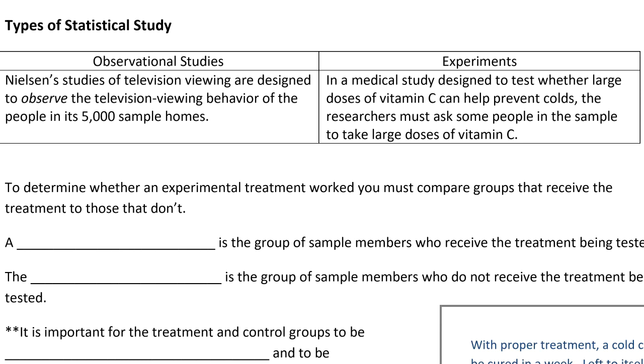Experiments, on the other hand, are where you're specifically trying something out. Like in a medical study designed to test whether a large dose of vitamin C can help prevent colds, the researchers must ask some people in the sample to take large doses of vitamin C. So they're actually trying something out rather than just passively observing what is already happening.